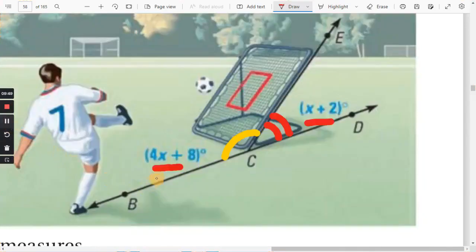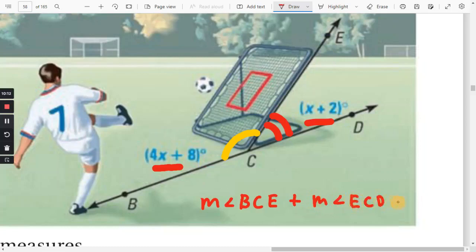All right, so I'll write the equation first. We have this angle here, BCE. So that's the measure of angle BCE. And then we're going to add the other angle, that's right here, ECD, the measure of angle ECD, and combined, they equal 180.